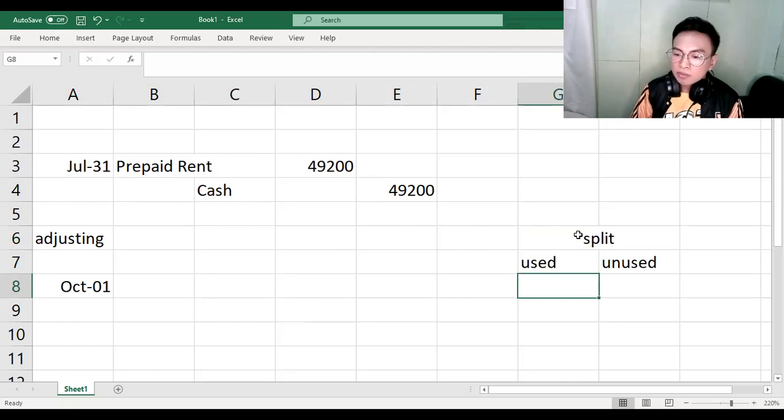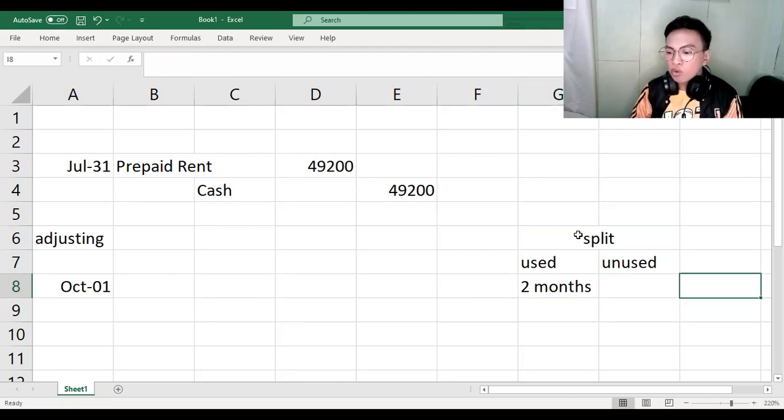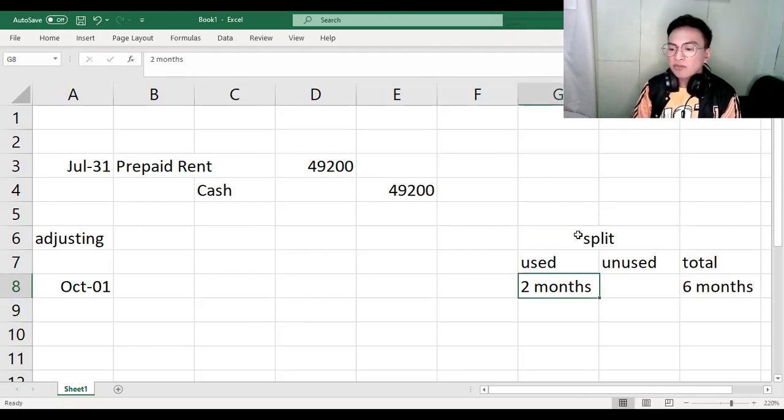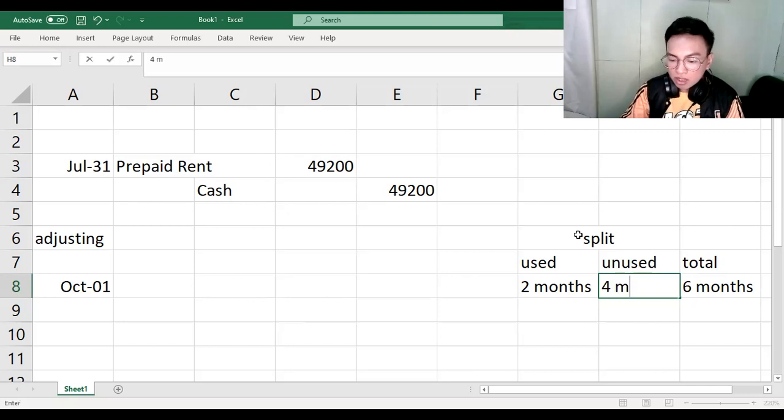Okay? So, used is 2 months na sabi natin. And total is 49,200 for 6 months. The unused portion should remain at the amount of 4 months.